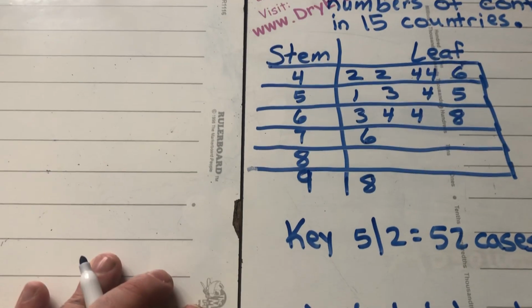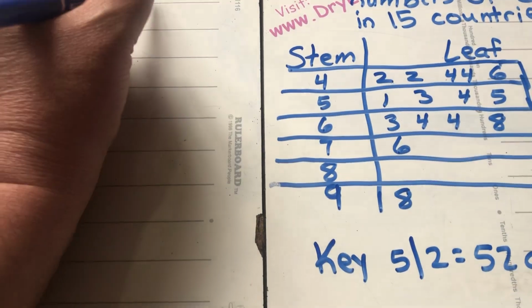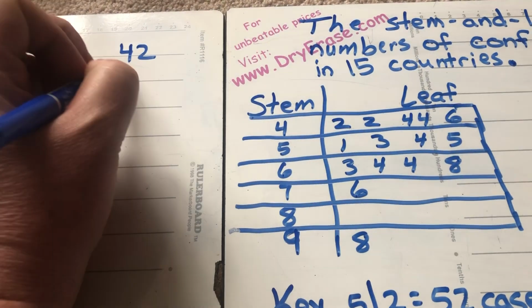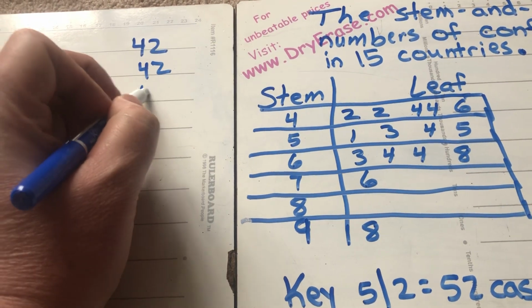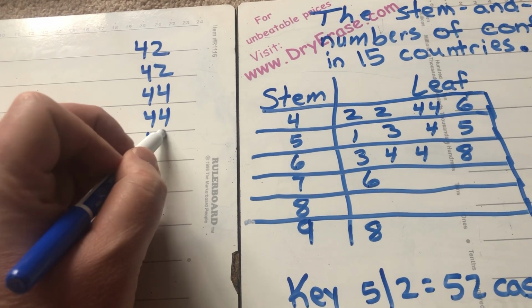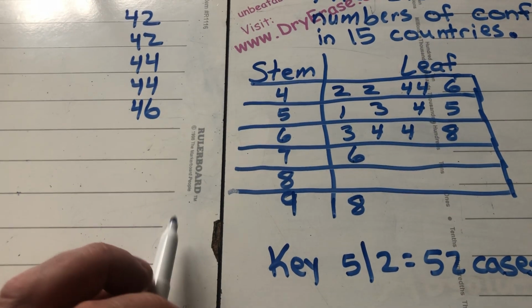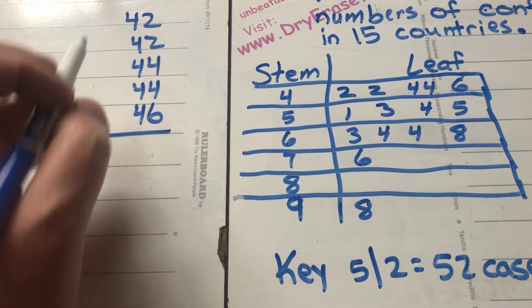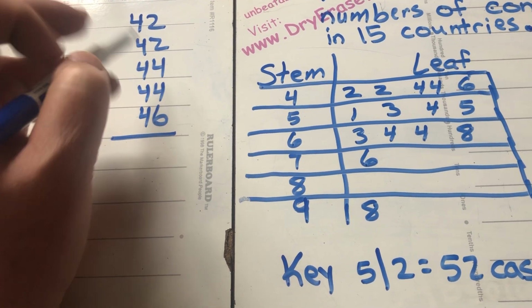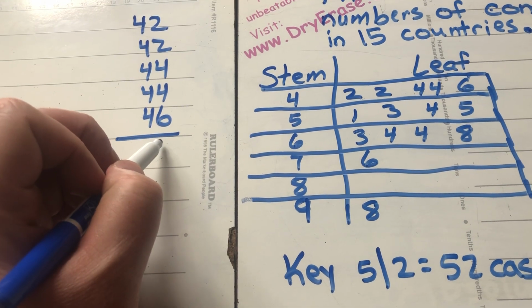All right, I'm going to compare these, and it looks like I've got a 42, and then another 42, and then a 44, then a 44, then a 46. I'm going to add all those together. 2 plus 2 is 4, plus 4 is 8, plus 4 is 12, plus 6 is 18.